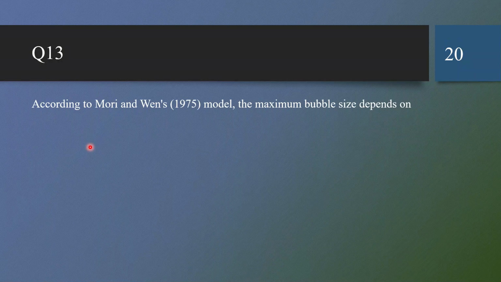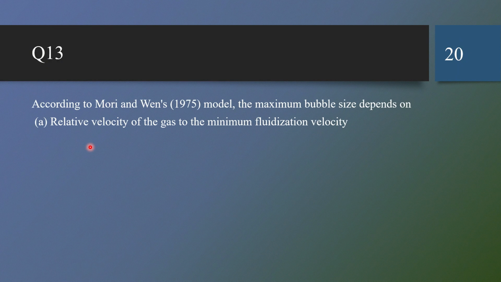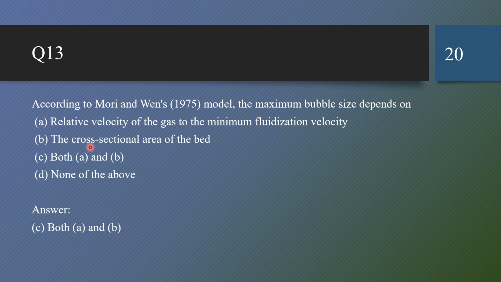In question 13, it is given, according to Mori and Ven's model, maximum bubble size depends on: relative velocity of the gas to the minimum fluidization velocity, cross-sectional area of the bed, both A and B, none of the above. According to Mori and Ven's model, which gives dB max, if you could remember, it comes along with the bed cross-sectional area, and also the relative velocity of the gas to the minimum fluidization velocity.